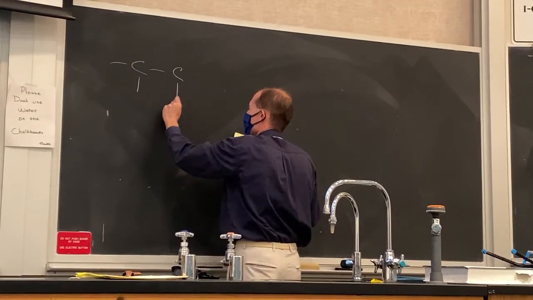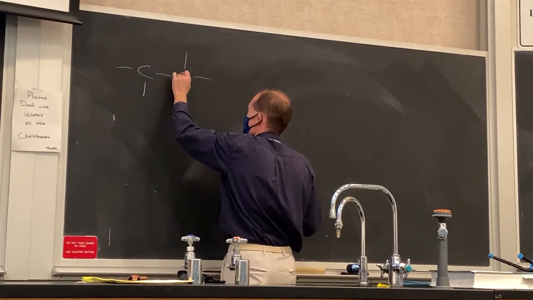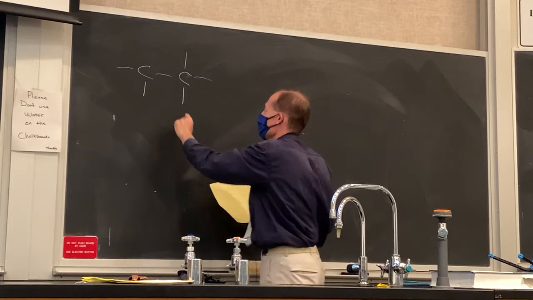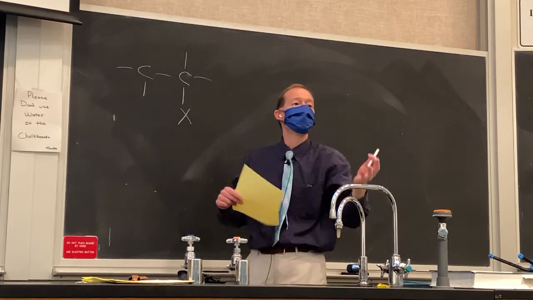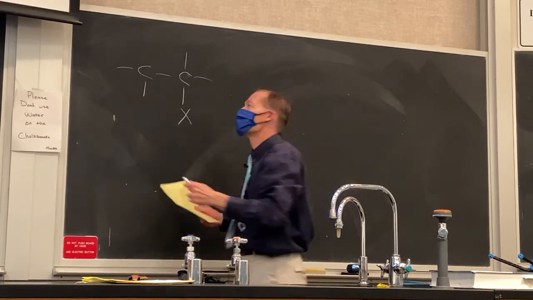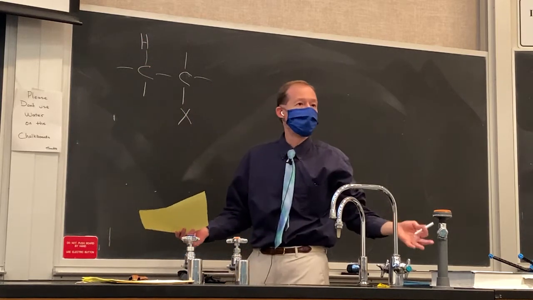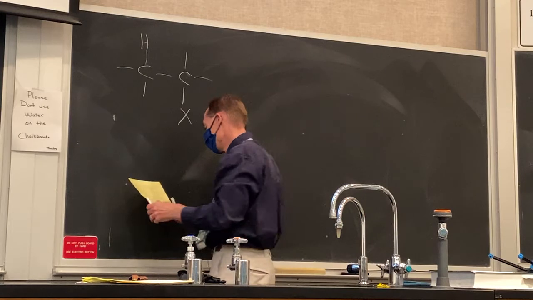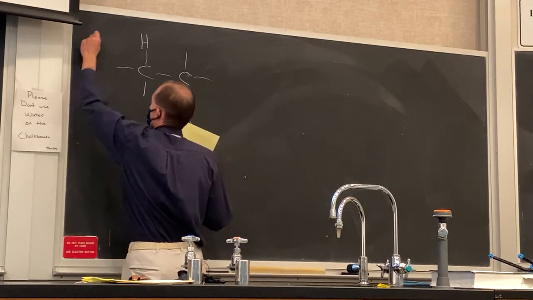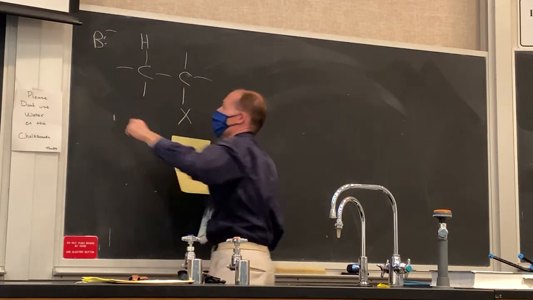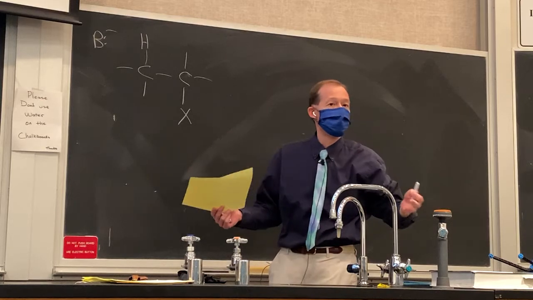We learned some things about eliminations in chapter 6. We learned that eliminations are reactions where two groups are lost in the starting material, and in their place we form a pi bond. So we're going to have a base. Most of the time that base will be negatively charged.